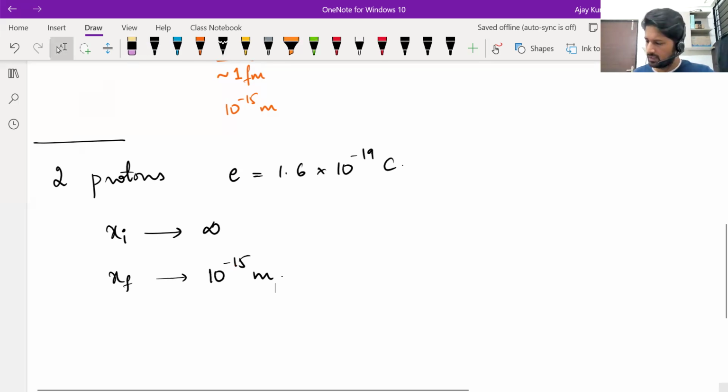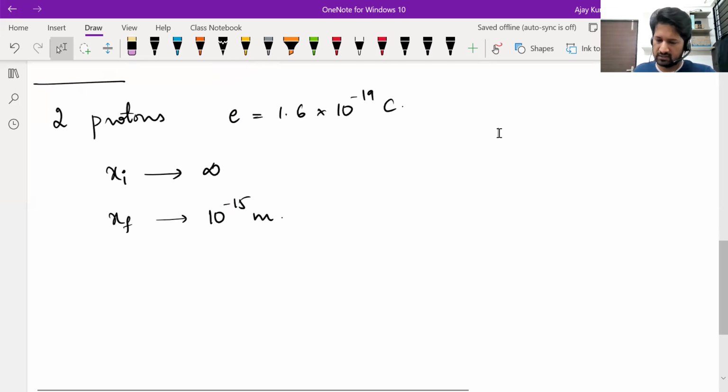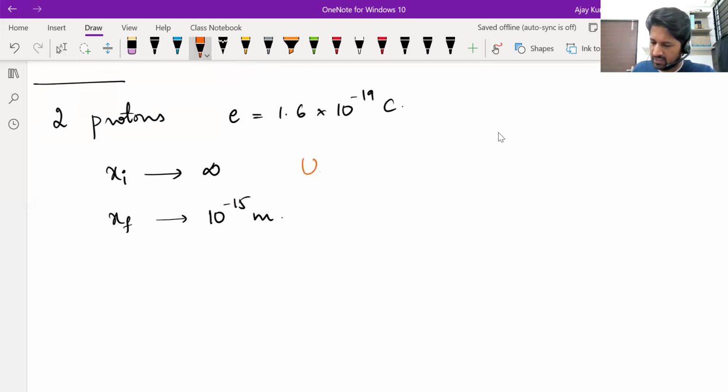Now you know how to find the potential energy between two charges. When they are at infinite separation, the potential energy will be zero anyway, so no need to find it. Find out how much is the final potential energy. You can use a calculator if you want.